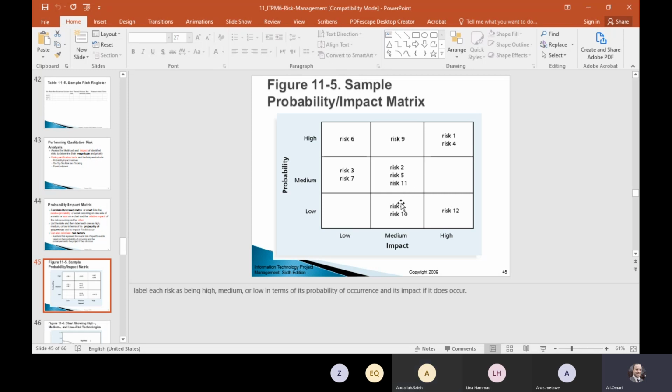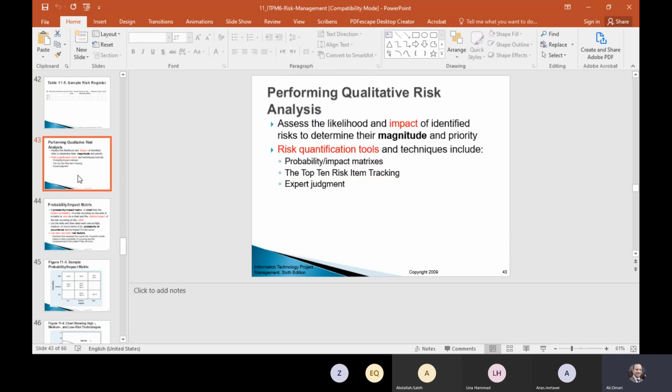3. So this is how we do the risk probability impact matrix. So we are still talking about performing qualitative risk analysis tools.